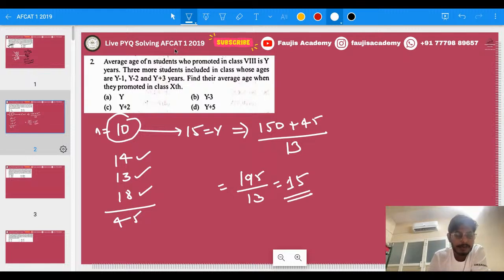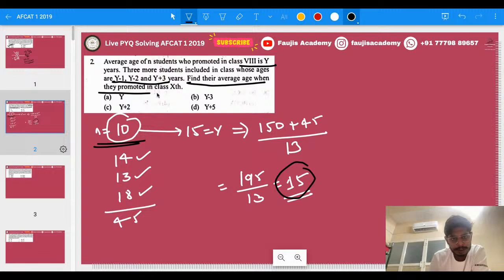That means the average age of all these three new students plus all these n students is 15 when they are promoted to 8th standard. But the question is to find their average when they are promoted to 10th standard. When they are promoted to 9th standard, their average age will be 15 plus 1, 16.